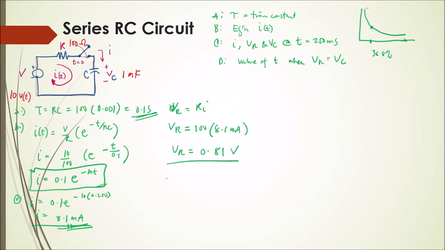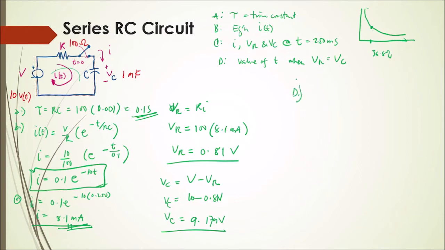And then, what is VC? VC is equal to V minus VR. So that's 10 minus 0.81 volts. Don't forget on your final answer, there should be units, especially since we have particular values of the components. So this is 9.179 volts.